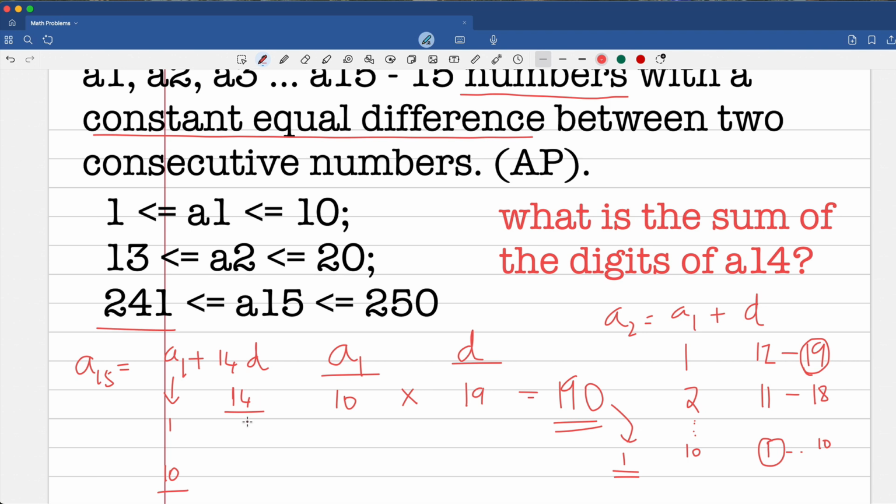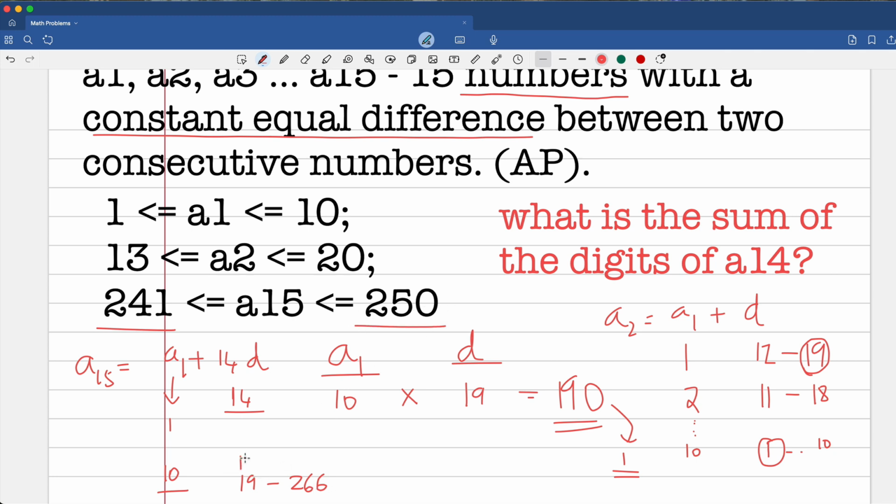So the only way this can work is if D is closer to the high end of it, which is 19. And if you do 14 times 19, it's nothing but 14 times 20 minus 14. So 14 times 20 is 280, minus 14 is going to be 266. Right? So 266 is going to be the upper value, and which means it's still greater than 250.